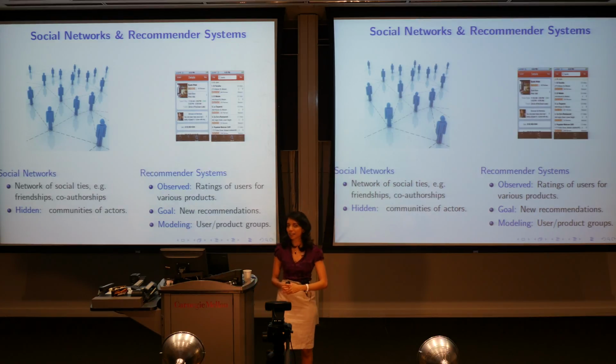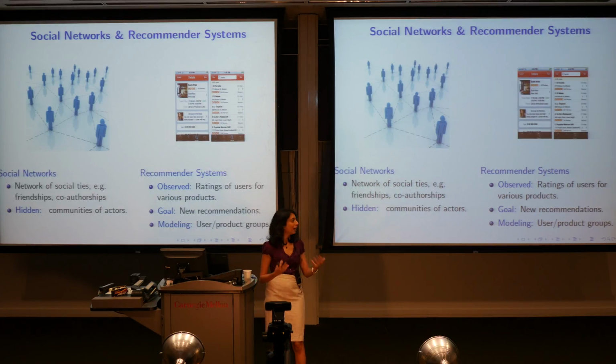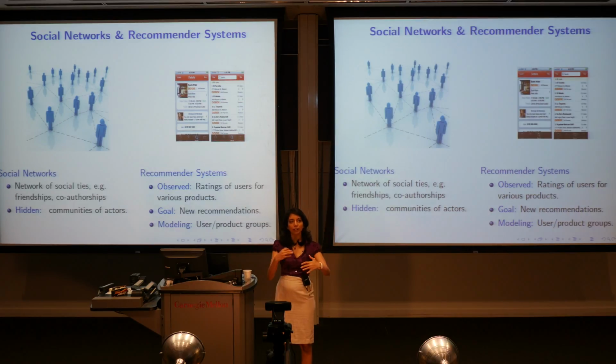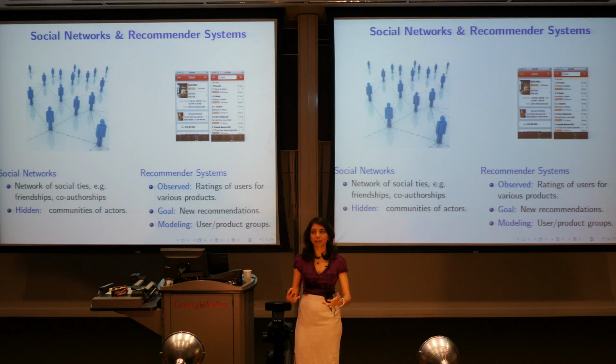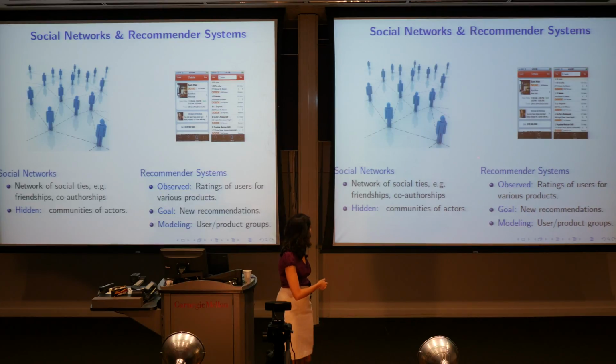So you can classify people into different groups, and I'd like to know these by observing the social ties or these friendship connections on Facebook. Can I infer what are the groups that people belong to?